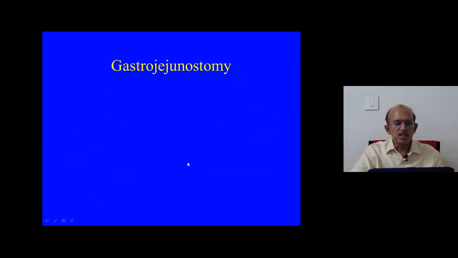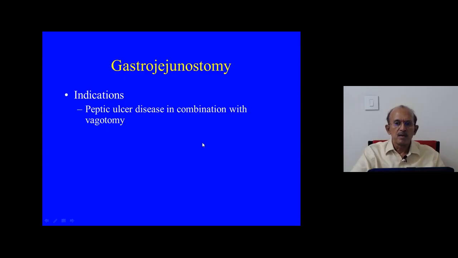So with these basic principles of intestinal anastomosis, let's come to the gastrojejunostomy. The operation is advocated in peptic ulcer disease in combination with vagotomy, and also in inoperable carcinoma of the stomach, as we have just now seen.